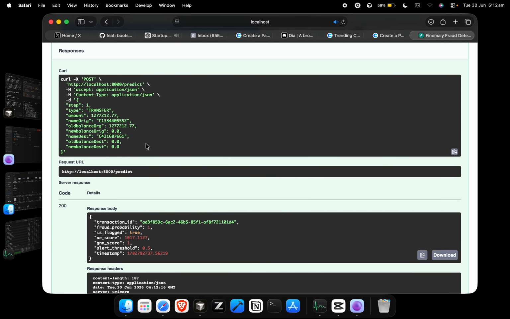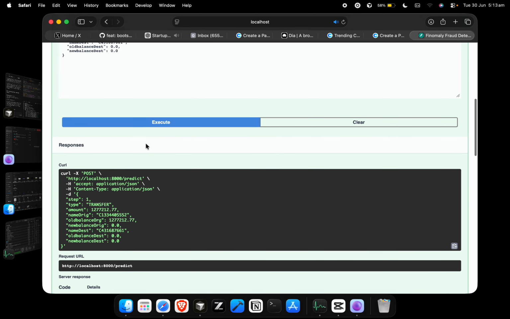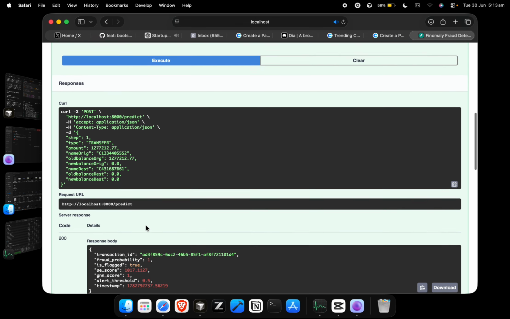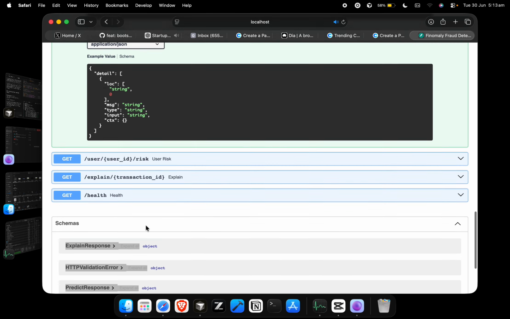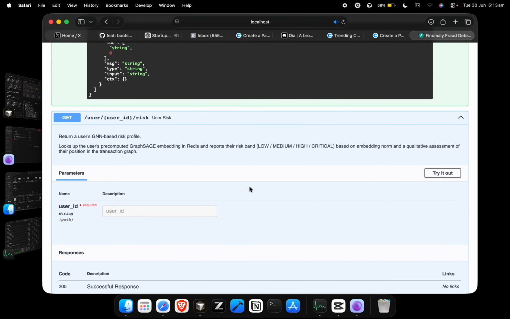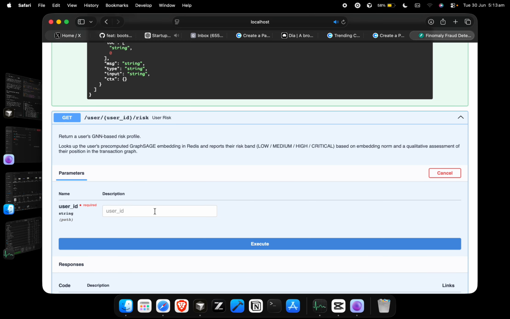So now let us check the risk profile of this user that was engaged in this wire fraud of over $1 million. So we want to check what this risk profile is. So go here.